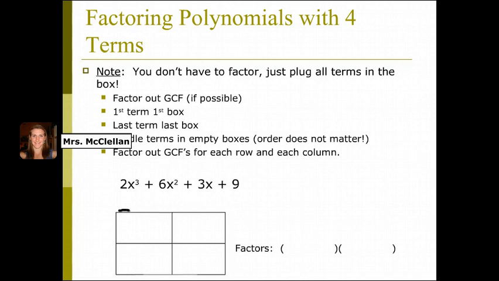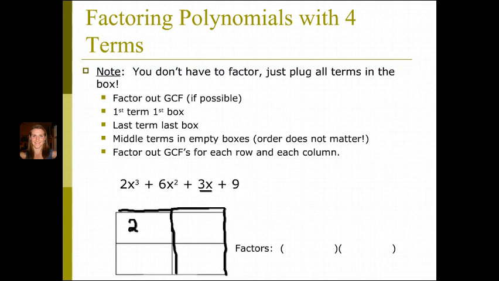Now let's talk about if we have a polynomial that has 4 terms. And when we're talking about these terms, we're looking at the terms that are sequential. So we have an x cubed, x squared, x, and then our constant. If you have exponents that go down in order and don't skip any numbers, then you can just fill in your box.